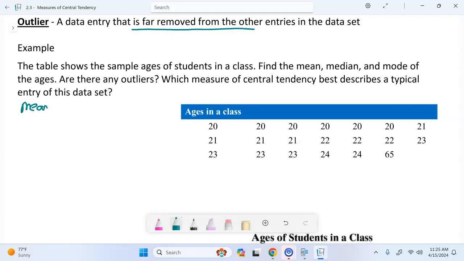So we look at mean, median, and mode. Okay, go ahead, take a couple minutes and calculate the mean, the median, and the mode for this data set.